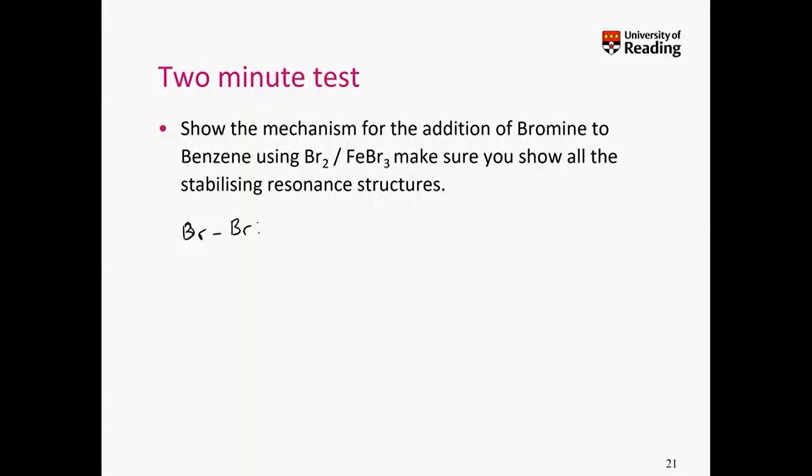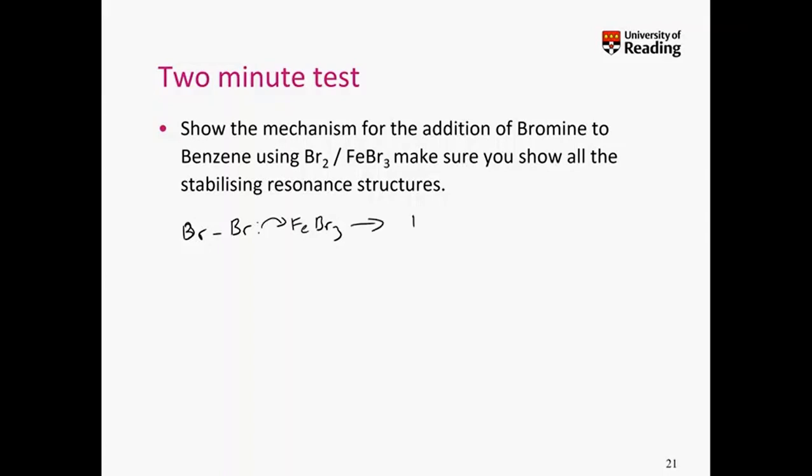So we're going to start with our Br2, okay, and we've got the FeBr3, and it acts in exactly the same way as I said, as a Lewis acid. So the lone pair of electrons here can react.